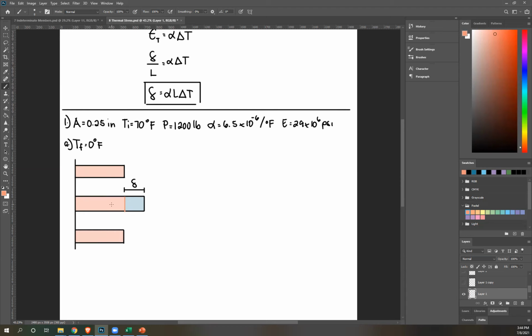Due to freezing or due to decreasing temperature, it goes to this portion. So this is again how much it deforms due to temperature.